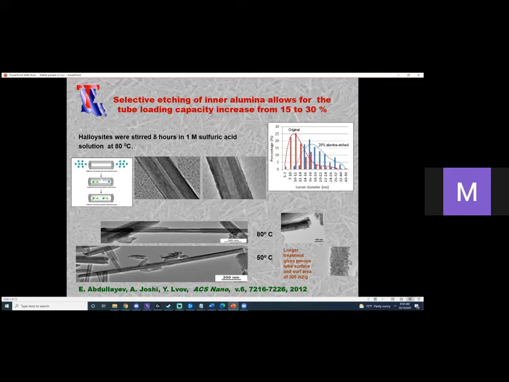The point of this is to remove only a small amount of the inner lumen to increase drug loading capacity without completely destroying the structural integrity of the tubule. The graph here displays the lumen diameter as the acid etches the inner lumen away. So we can see the diameter increasing while the structural integrity is also decreasing, but not fully to where it's not able to hold any compound any longer.